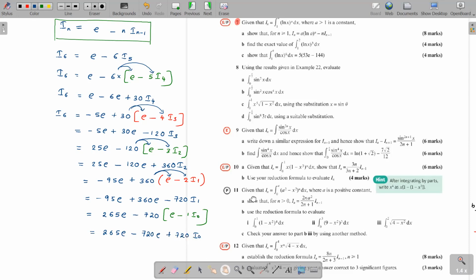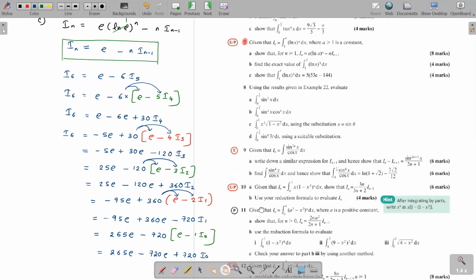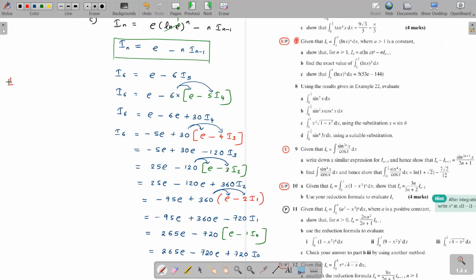Let's get I0. So who is our I0? I0 is the integration of In, integration from 1 to e of ln x to the power n. So when it's I0, what happens? Integration from 1 to e of ln x to the power 0. Any number to the power of 0 is 1. Basically integration of 1 with respect to x. Integration of 1 with respect to x is x. Limits are 1 to e. So I get e minus 1 for I0.